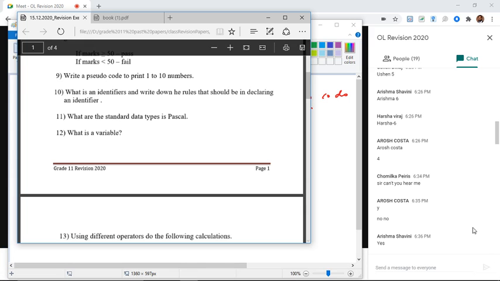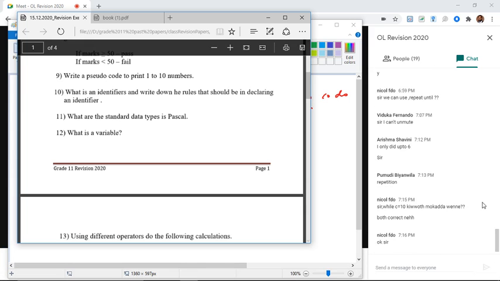No, can't. Can we start with a number? Can't. Can we start with a symbol? Can't. Can we start with an underscore?